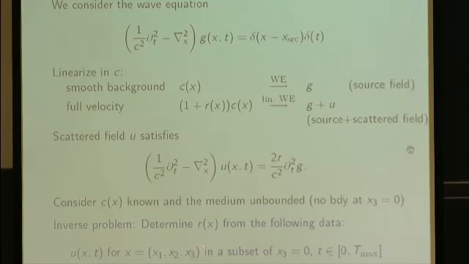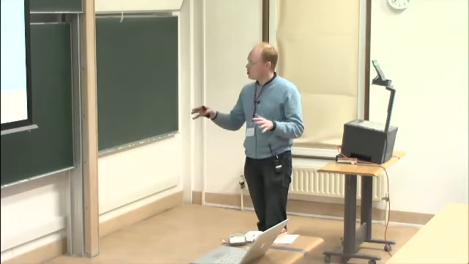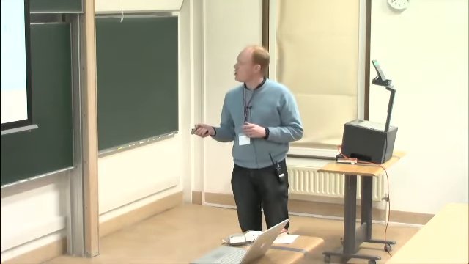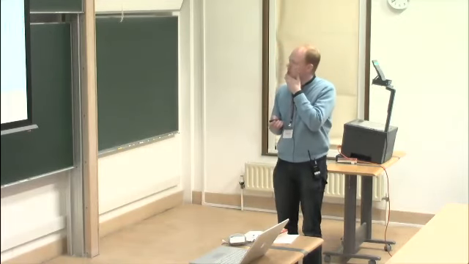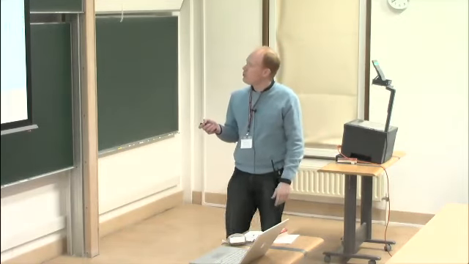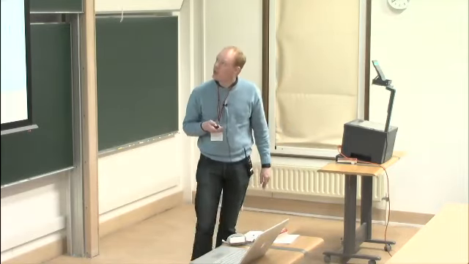So we invert from the scattered field, and that is measured at the surface of the domain, so x3 is 0, and then some subset of the x1, x2 coordinates. So some subset of the surface, and some subset of the time interval. This is a linear map from R to U. So it's a linearized inverse problem.